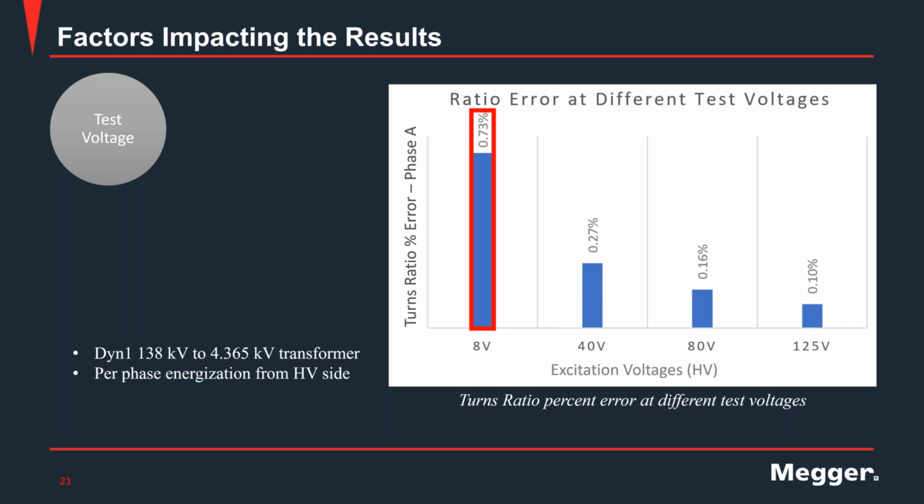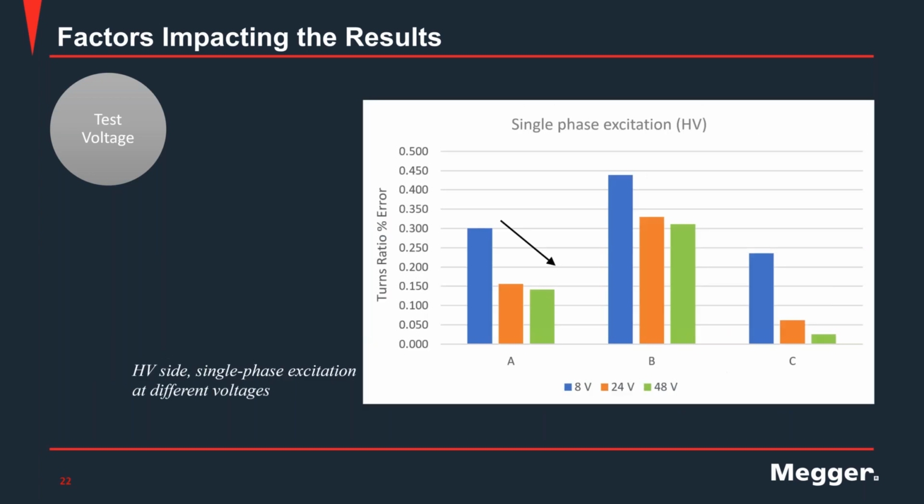Let's look at another example, right? In this case it is also energizing the traditional way, right? Energizing the high voltage side of the transformer. Single phase excitation, that means we did the test one phase at a time. And on this graph, I'm actually showing the 3 phases. And you see the same behavior, right? In this case, we tested at 8 volts, 24 volts for the orange bar, and 48 volts for the green one.